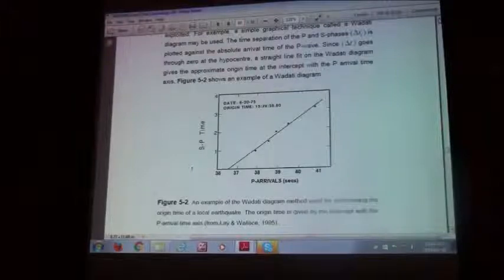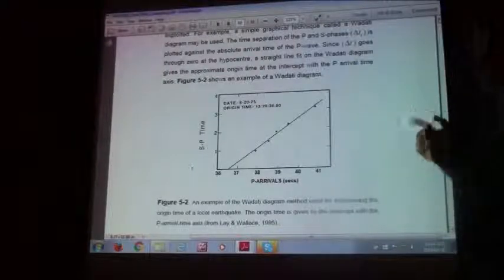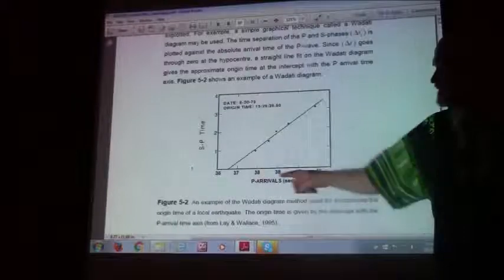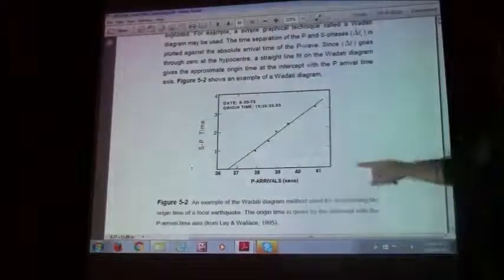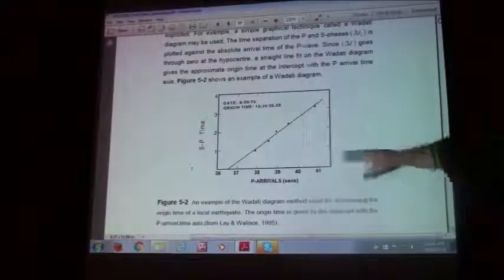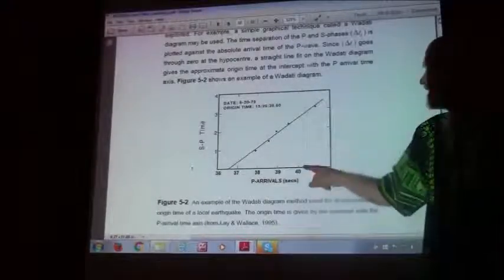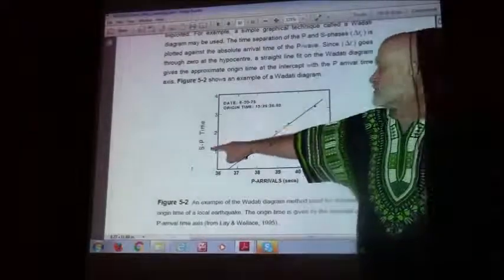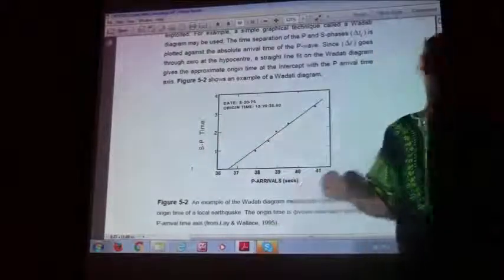So what we plot quite routinely is, on the one axis, your P arrival time for an event. You've got, in this case, 2, 4, 6 events over here. So it's your P arrival time, and over here, your difference between your S time and your P time.